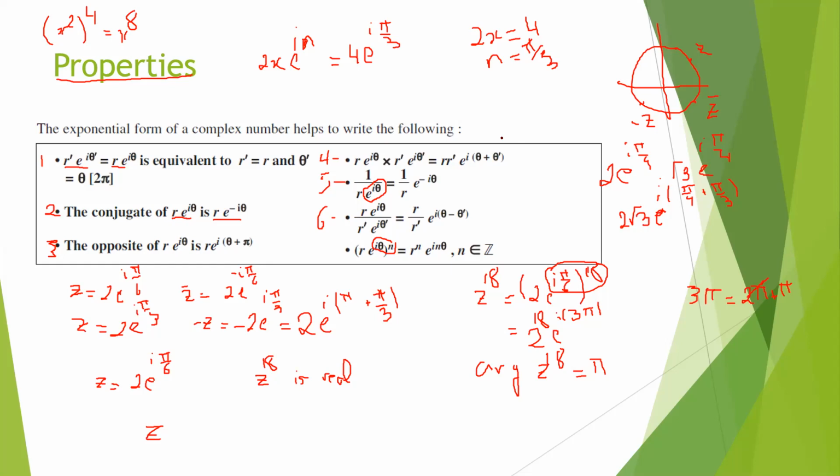Here, pi over 6 times 18 gives how much? 3 pi. Good.